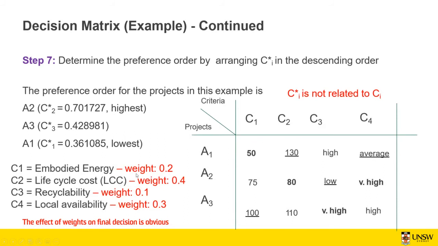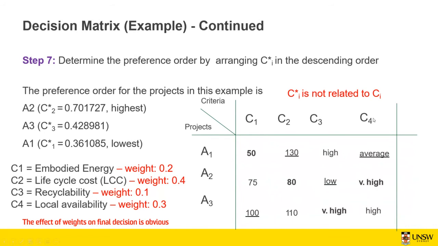So let's have a look at why A2 is being preferred. A2, as you can see, in terms of criterion one, which is embodied energy, has an average value. But in terms of life cycle cost, it has the lowest life cycle cost. In terms of recyclability, it's low, which is not very good.